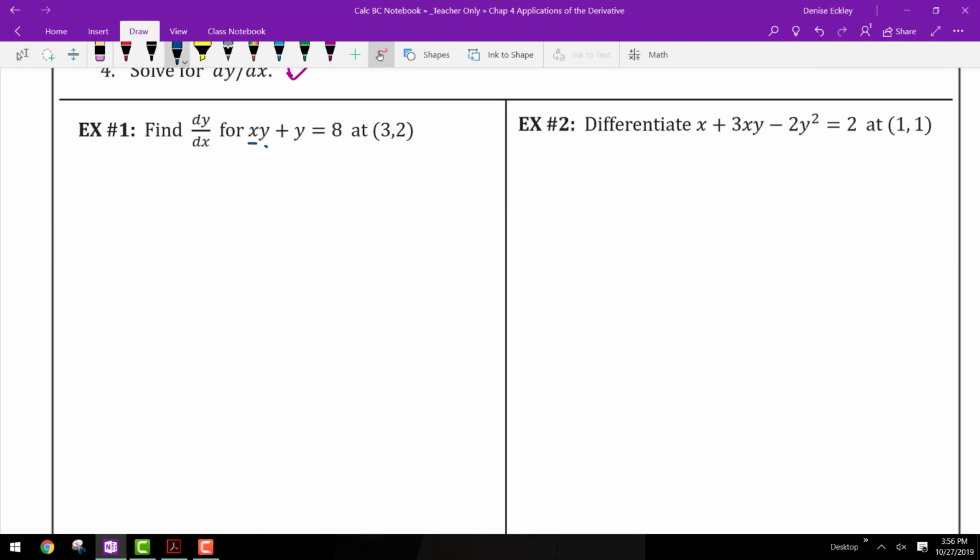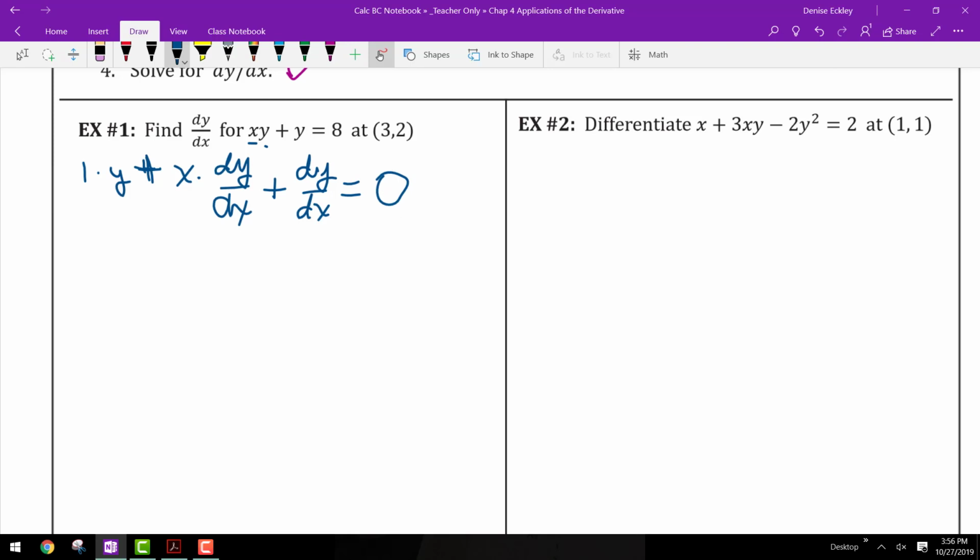So I'm going to take the derivative of the x, which is 1, times y, plus x times the derivative of y, which we're going to write as dy dx. And then plus the derivative of y, which is also dy dx.